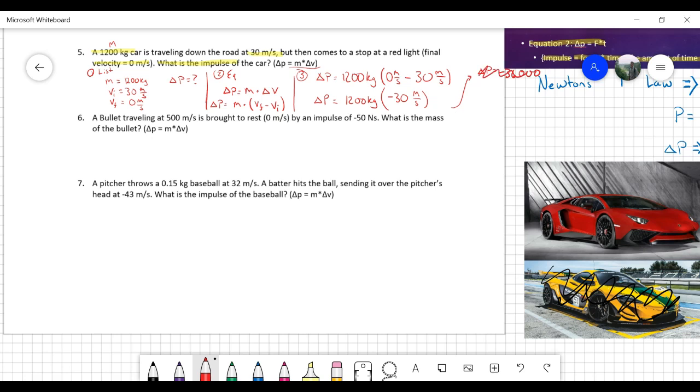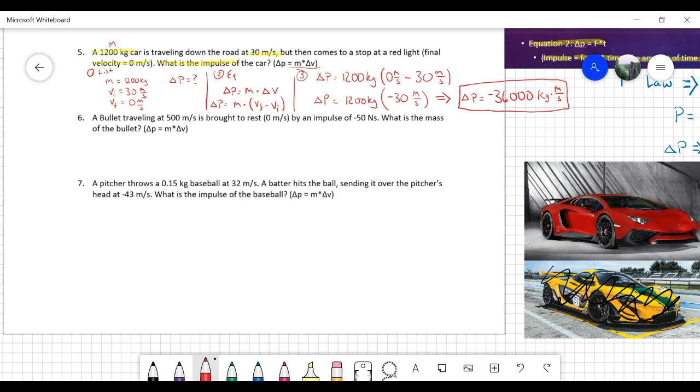Hang on, that looks messy. Delta P is equal to, I'm just going to go to the side, negative 36,000. And then you just put these two things together, kilograms times meters per second, because they were being multiplied together. Okay, there you go.